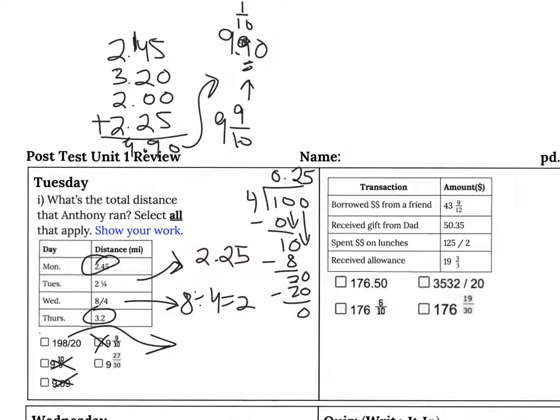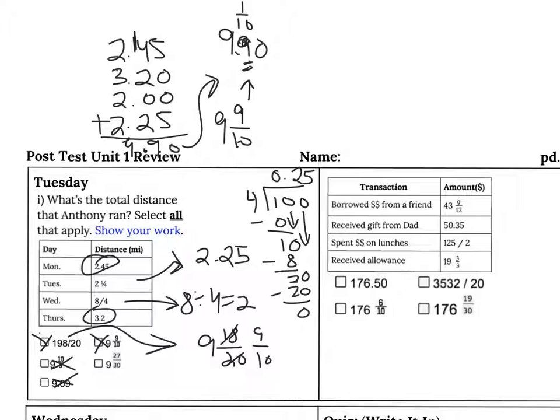Let's test 198/20 now. If you count by 20s, you know that 20 divides into 198 9 times with a remainder of 18/20. And you can simplify this into 9/10, and we already know that 9/10 is equal to 9.90, so 198/20 is also a solution.